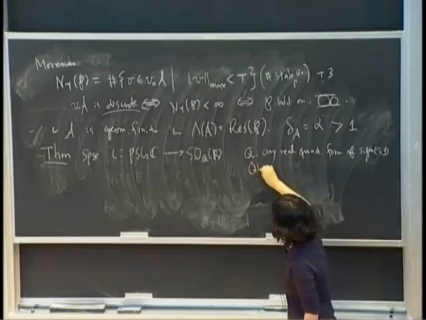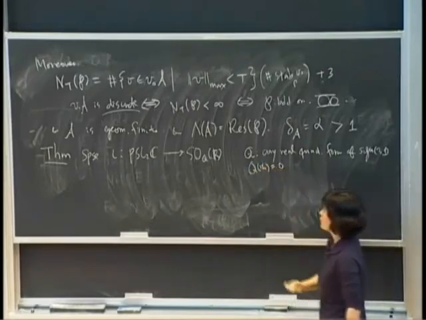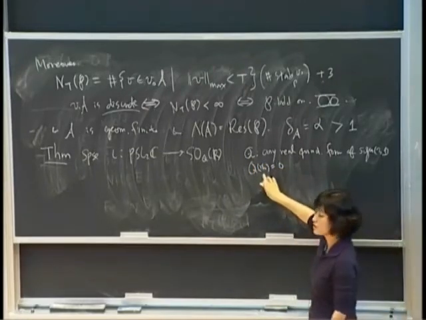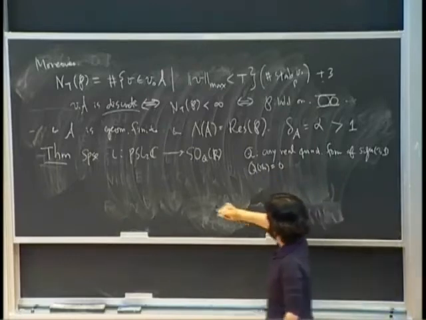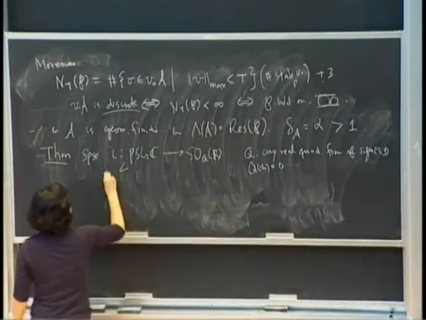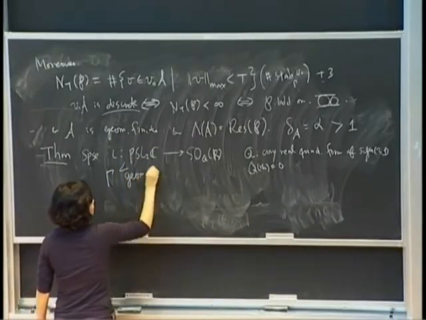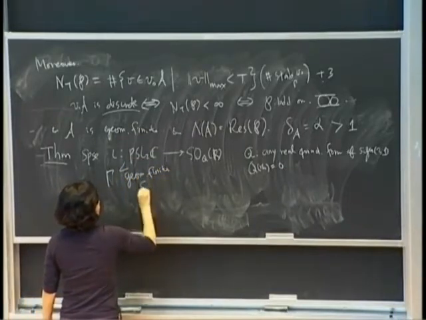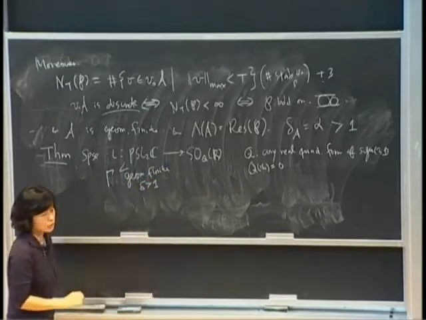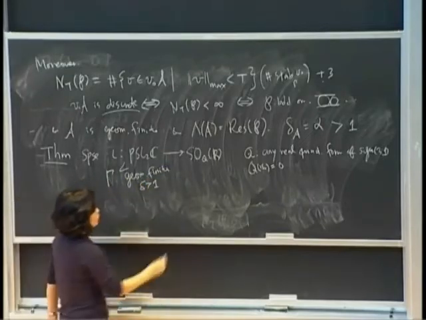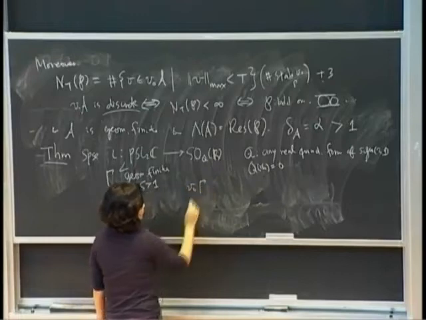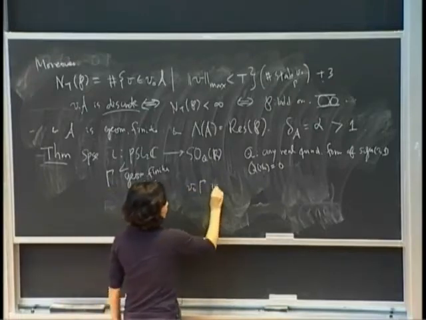And take a vector which lies in the cone, so V naught is some non-zero vector on this cone. And let gamma be a discrete subgroup of PSL2C which is geometrically finite, with delta strictly bigger than 1. And then we also assume that the orbit of V naught under gamma is discrete.